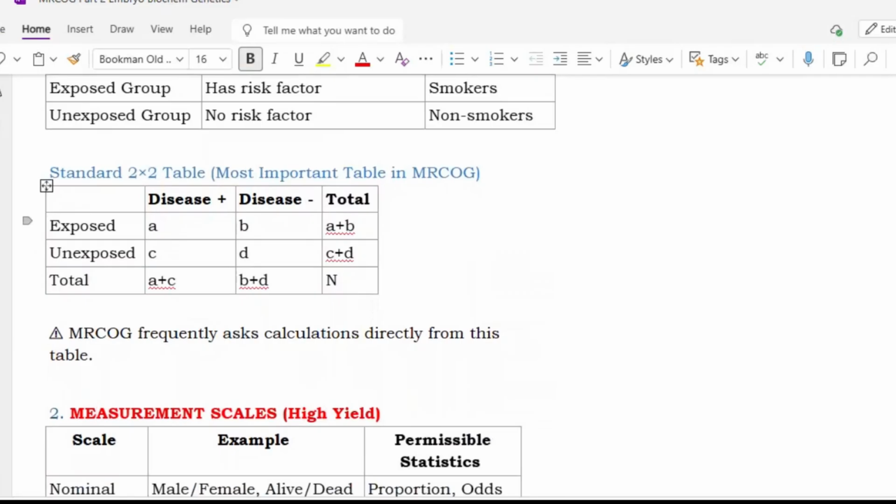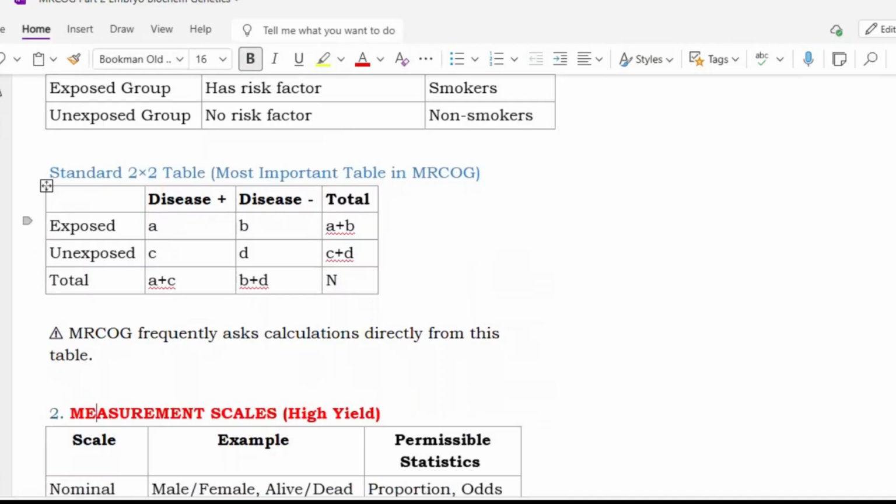A is the exposed population which developed the disease, while B is the exposed population which does not develop the disease. So the total exposed population becomes A plus B. Then C is the unexposed population which developed the disease, and D is the unexposed population which does not develop the disease. So the total unexposed are C plus D.